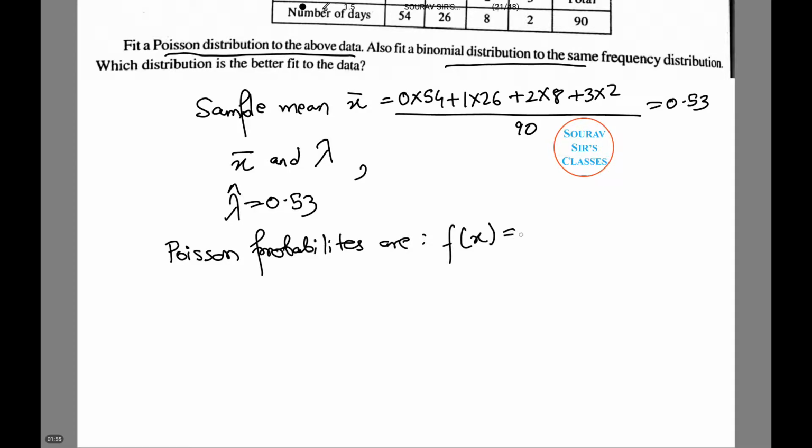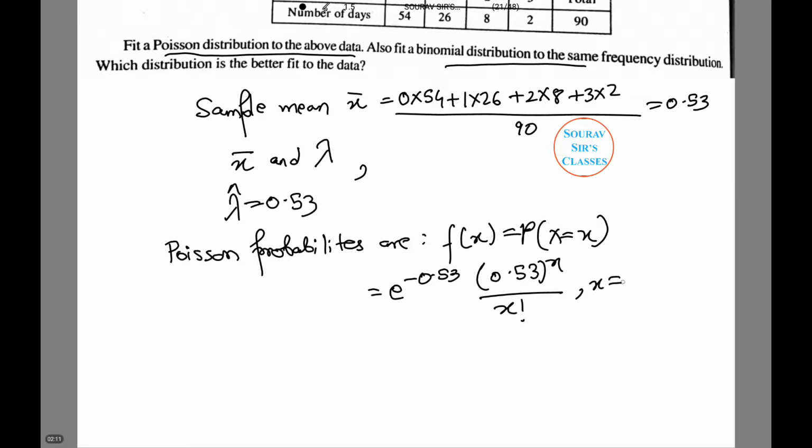f(x) equals P(X equals small x), which equals e to the power minus 0.53 into 0.53 to the power x by x factorial, where x equals 0, 1, 2 till infinity. Now the expected and observed frequencies are tabulated below.